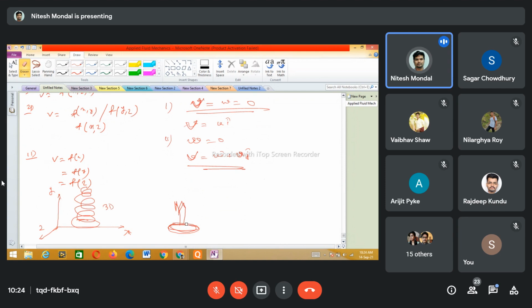Similarly, what is an example of 2D flow? Just consider a pipe like this. Here the flow is coming, and now it will move.